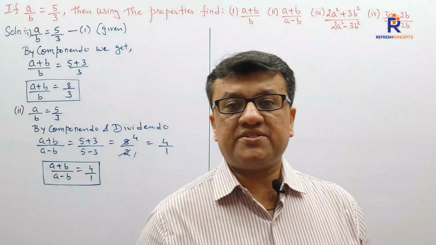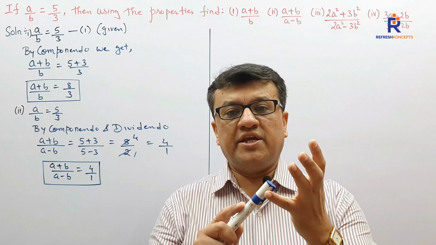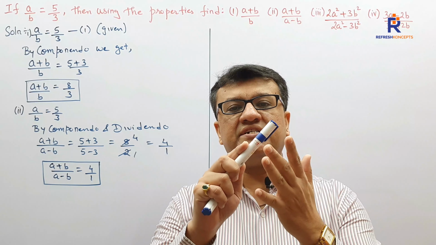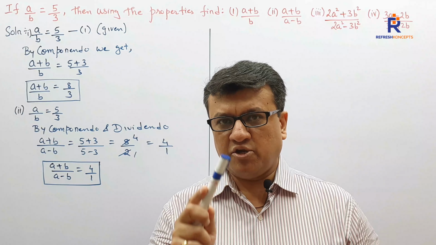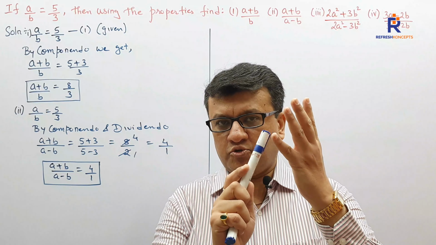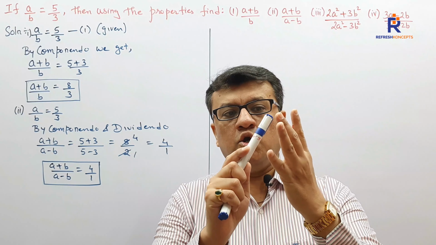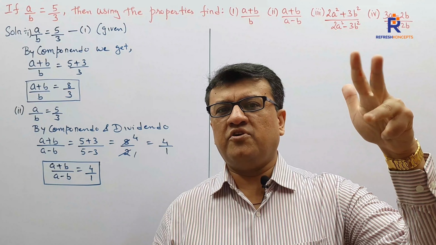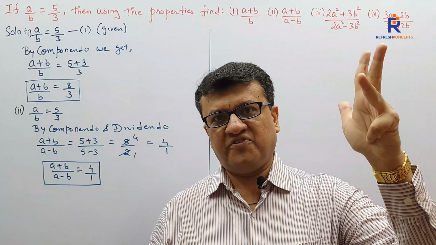So what are the 4 points? Ratio, power, coefficient, dendo. I hope you know that I shall be keeping on saying dendo. Once again, ratio, power, coefficient, dendo.